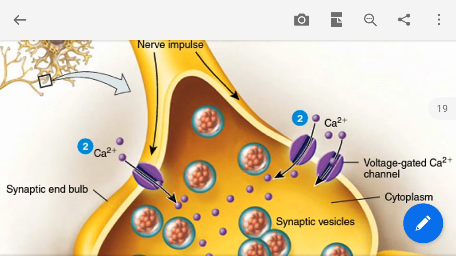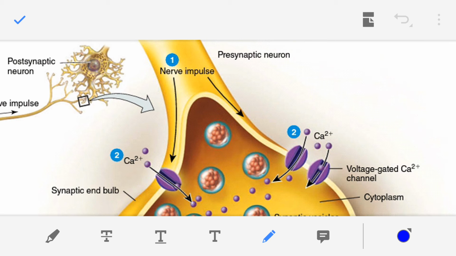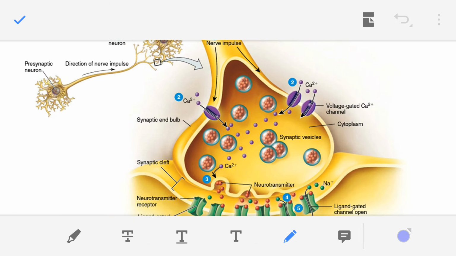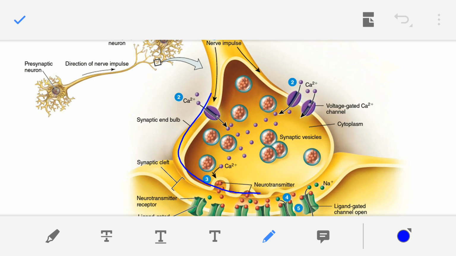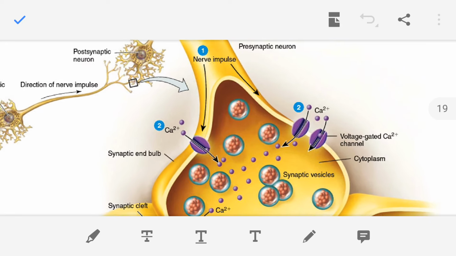See, first what is happening: the nerve impulse reaches the level of the axon terminal, and the nerve impulse enters into the synaptic end bulb. So this entire bulgy part is known as the synaptic end bulb. So the nerve impulse has reached the level of the synaptic end bulb.